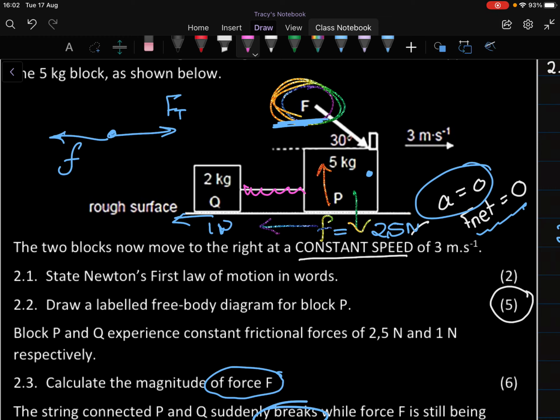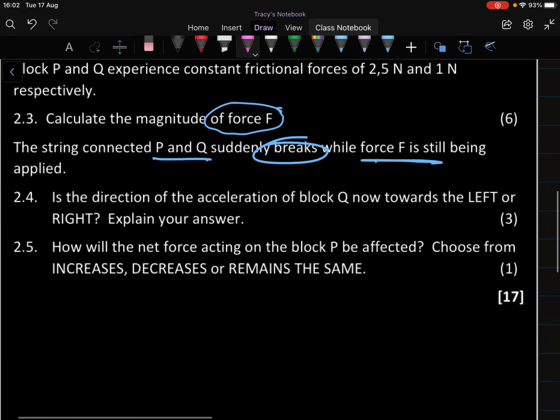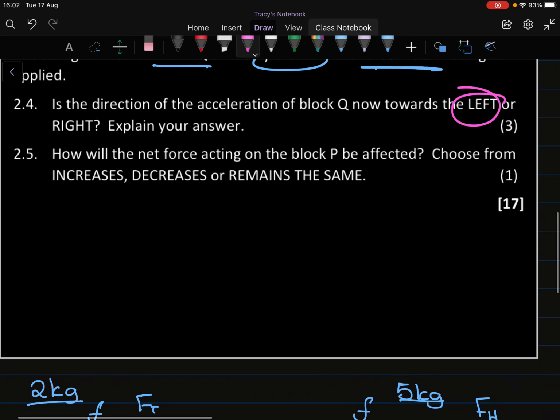So there's no longer a force pulling it to the right, there's only friction acting on it. It is definitely a non-zero resultant force. Alright, there's nothing to counteract friction. That means Q's going to slow down. That means Q's acceleration is going to be to the left.